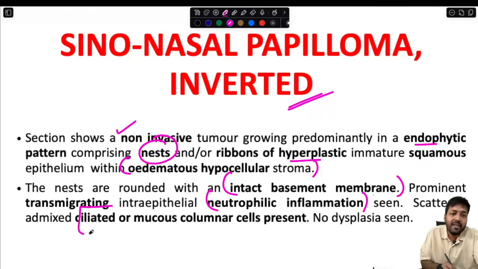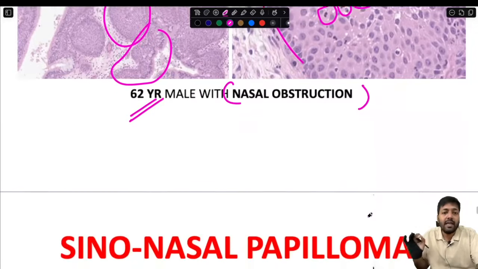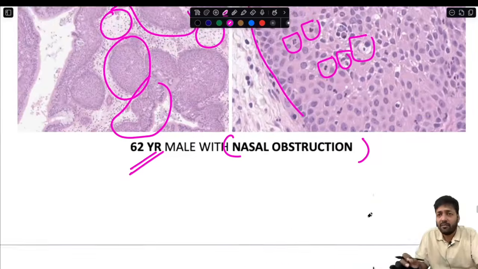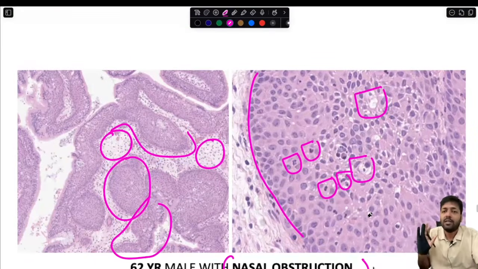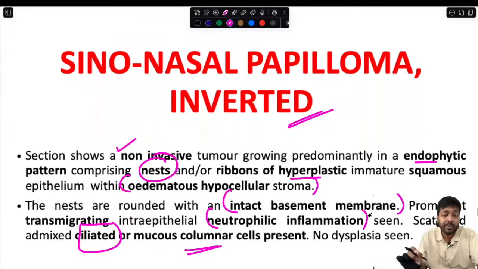Scattered admixed ciliated or mucous columnar cells are present, and there is no dysplasia seen. So this is a classical case of sinonasal papilloma, inverted variety, very commonly asked in your exam. Most of you that I have seen are not able to describe the slide properly, so this is the proper description.